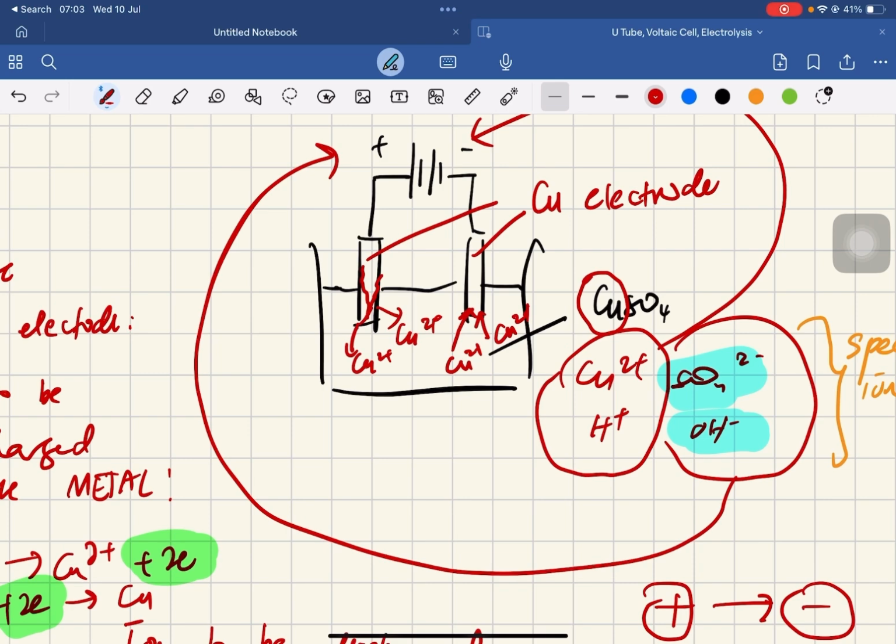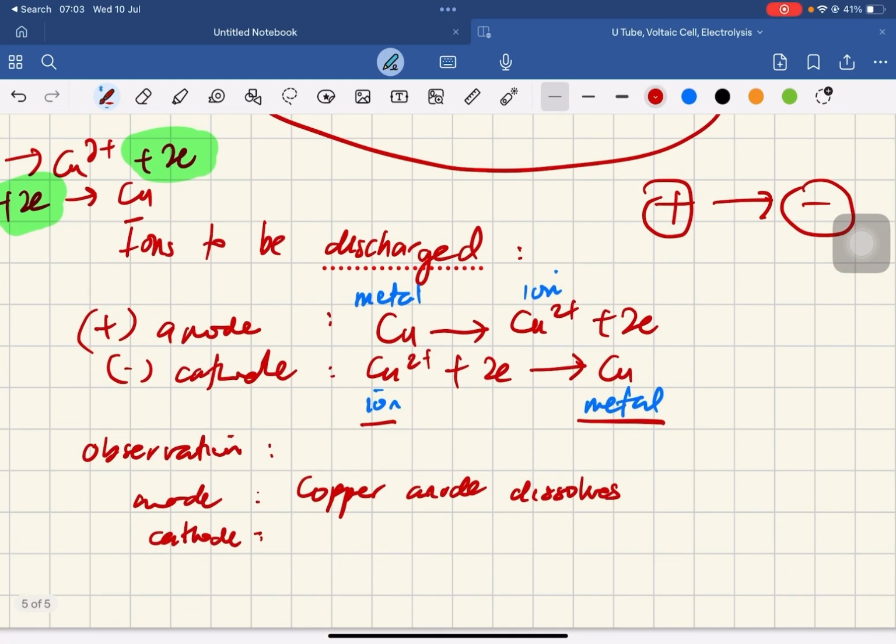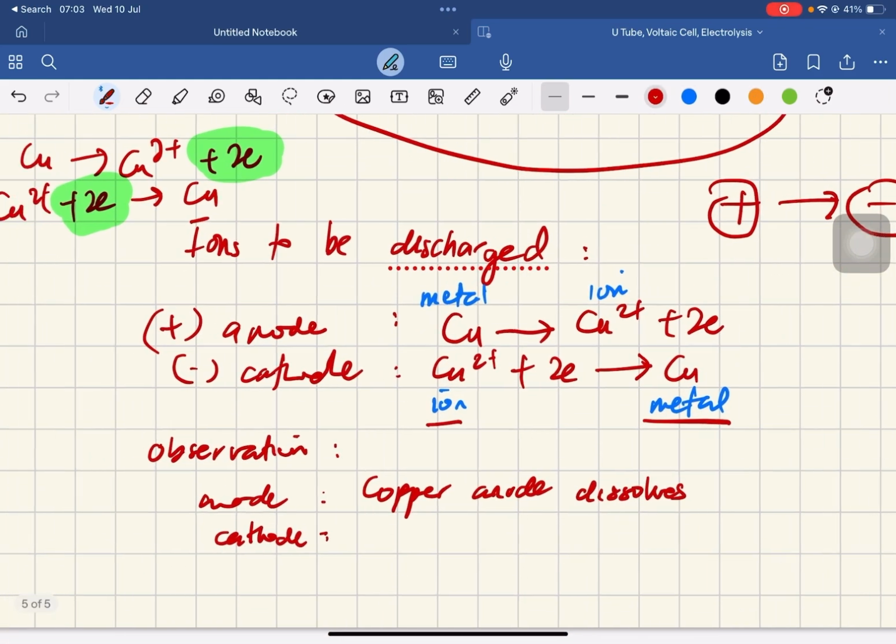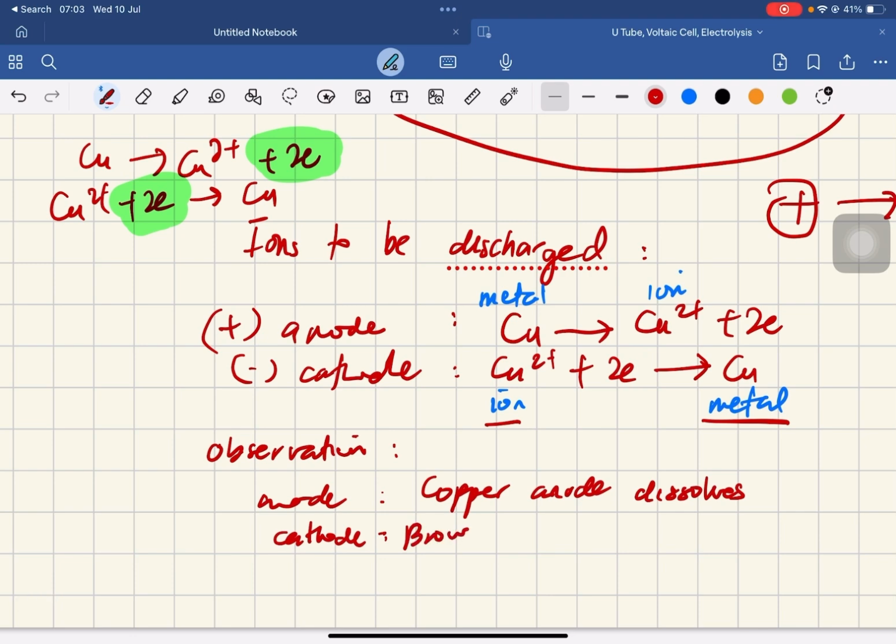So what happen? What's the colour of copper solid? It's brown. So you can see brown solid is formed. Okay, ada lagi satu observation.